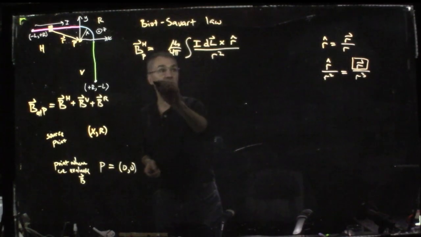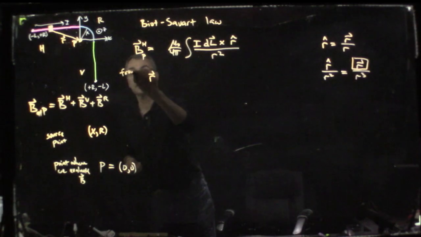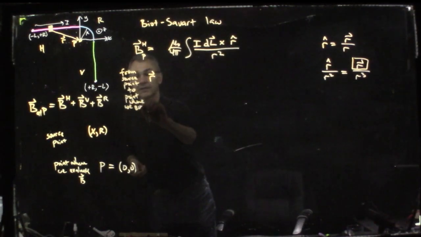So I'm going to say that this vector r is from the source point to the point where we evaluate the magnetic field.